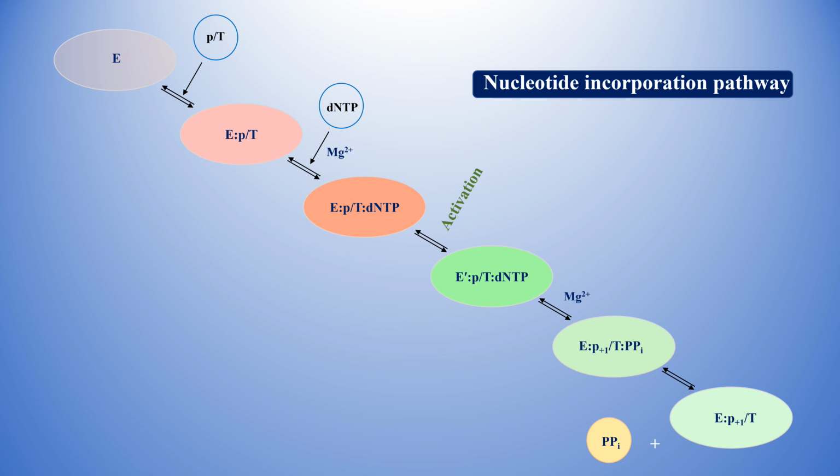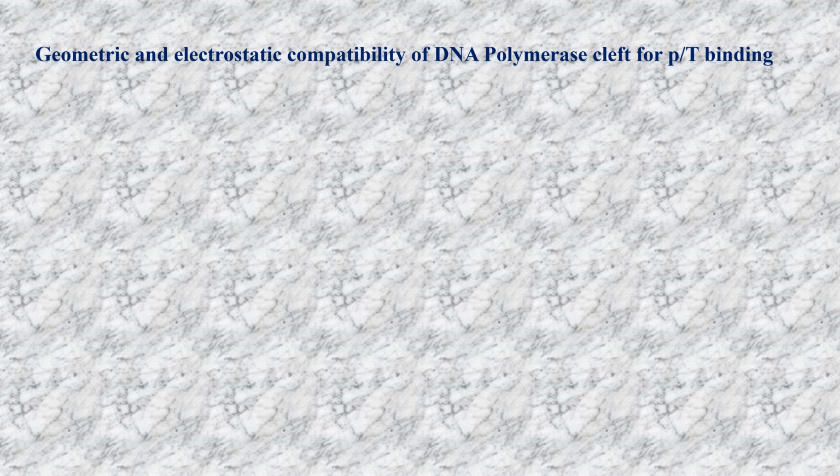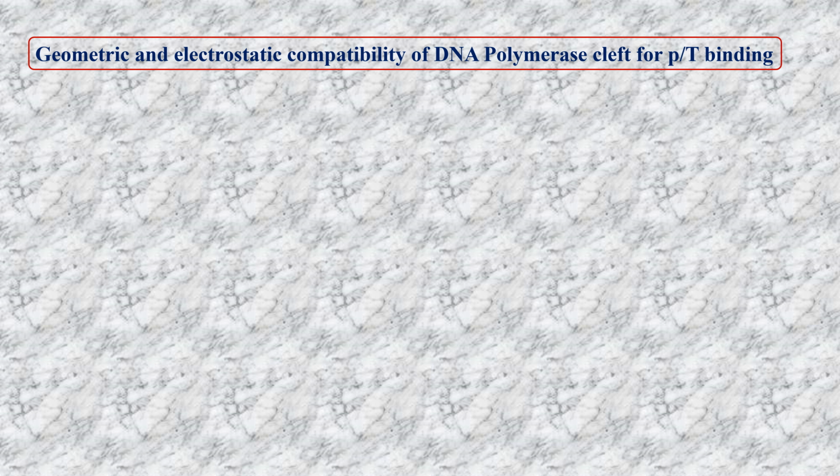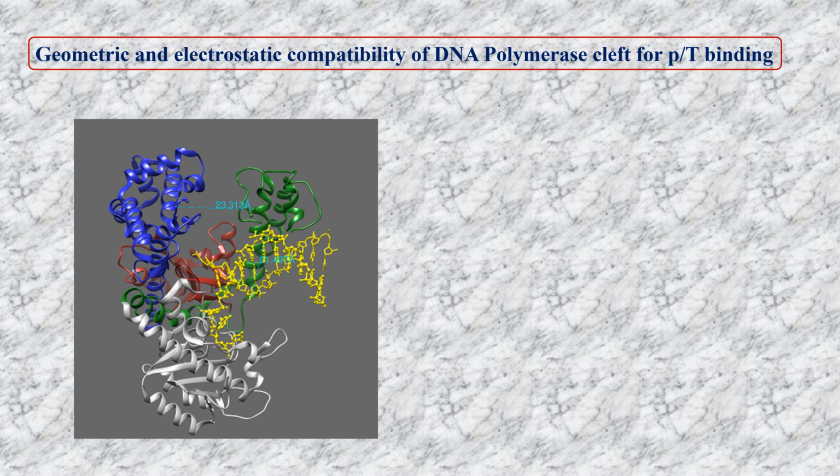The first step in the polymerization process, that is binding of the primer template PT to the enzyme, requires geometric and electrostatic compatibility between the 2 components. In the case of E. coli Klenow, the active site cleft is about 25 angstrom wide and 35 to 40 angstrom deep.